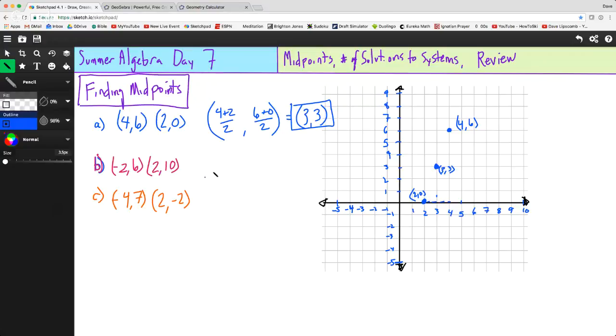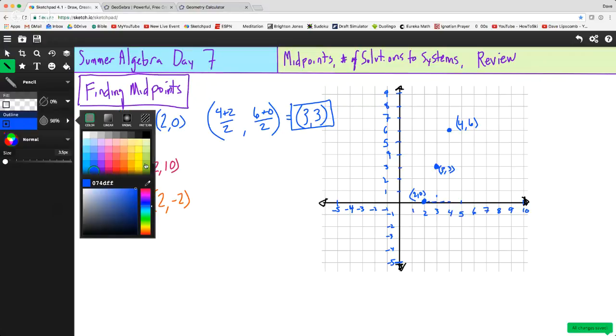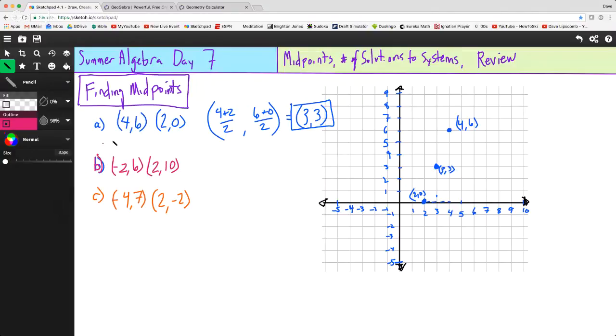Okay, now let's move along. Now we want to do another midpoint. So let's do our midpoint formula. I recommend at this point you pause and try both of these. I'm just going to draw them up here, and then we'll do our orange.